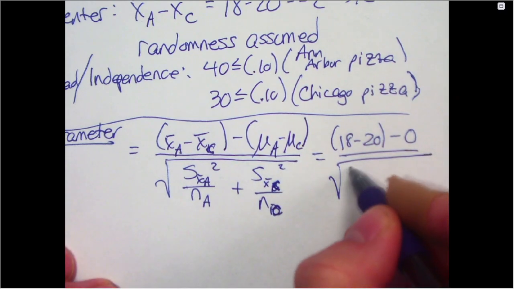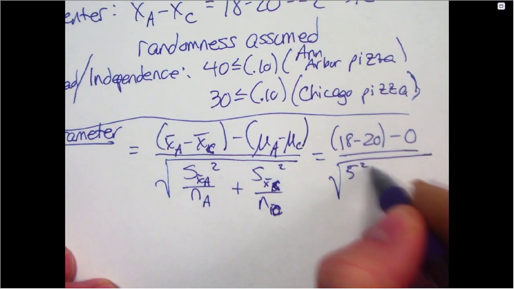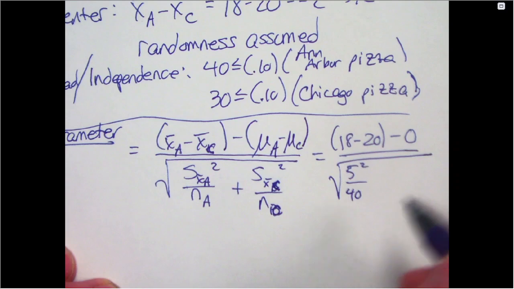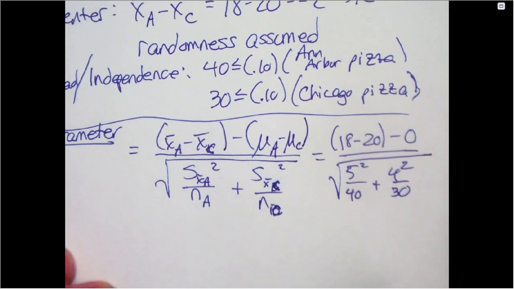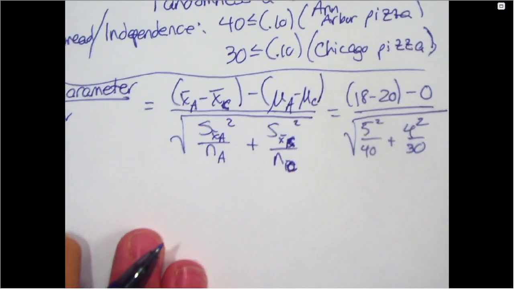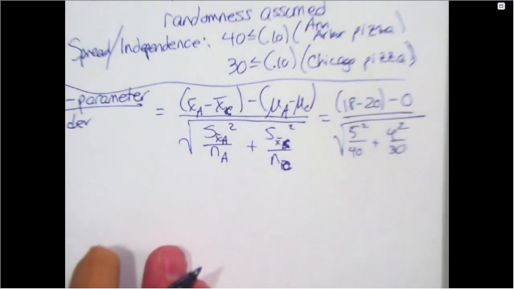Okay, I thought someone said 40. I was just making sure. 5 squared. The sample size of A is 40. And then the standard deviation of Chicago is 4 squared, and the sample size there is 30. But nobody wants to compute all that mess. So grab your calculator.